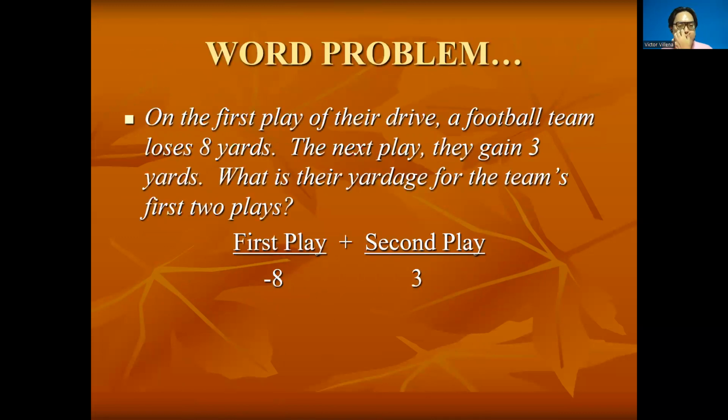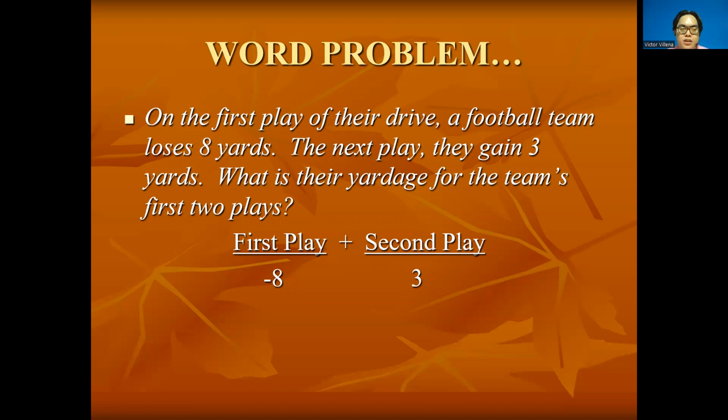First, can you read the problem, student number one? Okay, very good. Here it says that a football team loses 8 yards. The next play they gain 3 yards. What is the yardage for the team's first two plays?